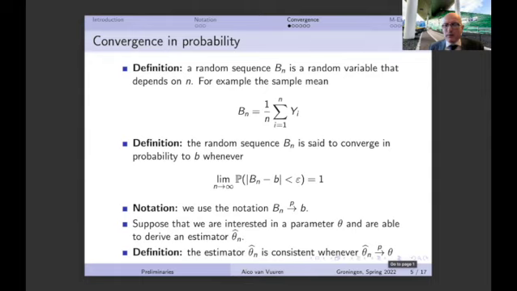Well, that means that even in the hypothetical situation in which n goes to infinity, which we typically don't have because we don't have that much information about our population, we are not going to have that our estimator converges to the correct value.